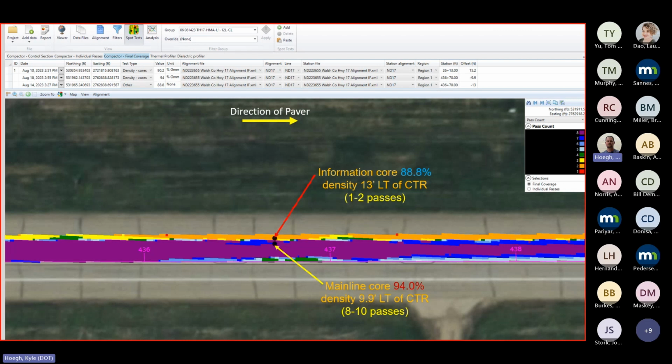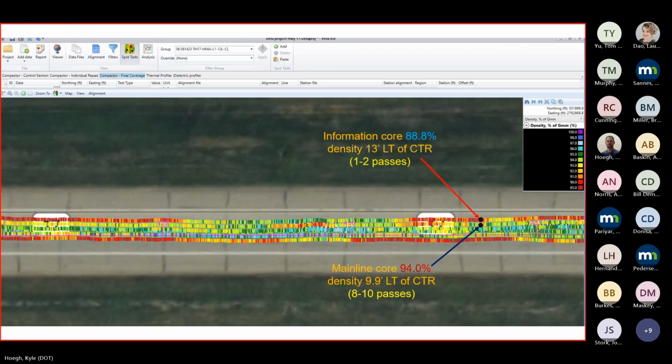A couple of observational cores were taken very close together, and you can see that where they're getting paid, we're getting much better densities than where they're not. This has triggered some potential pilot projects for doing calculated density on our shoulders this upcoming year.